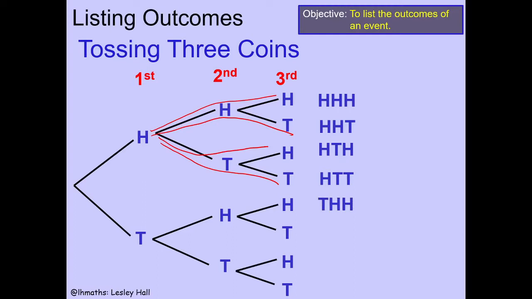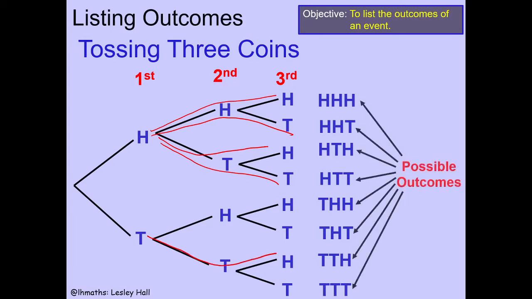Okay, the sixth outcome. Correct. Tails, head, tails. What about the seventh outcome? Tails, tails, head. This is the outcome over here. Just follow it. What about the last outcome? Okay, these are the outcomes.